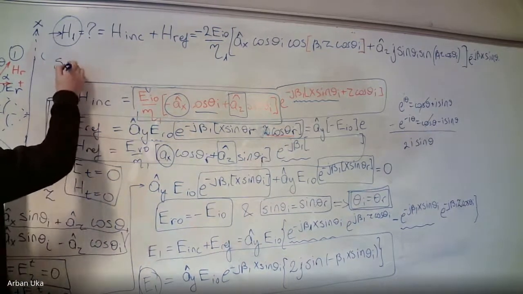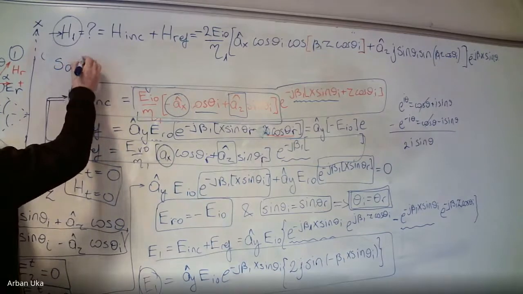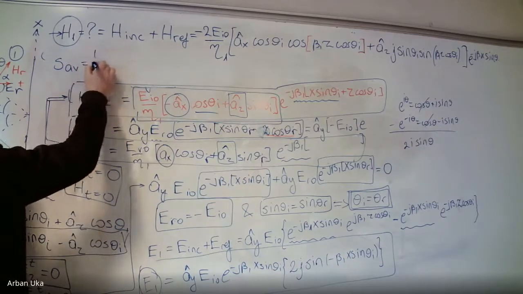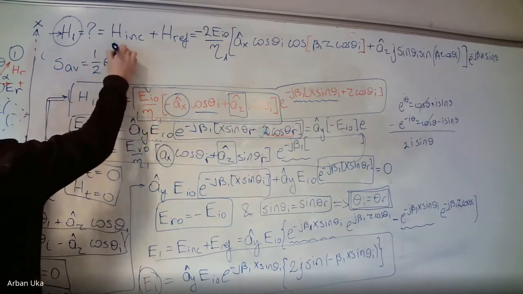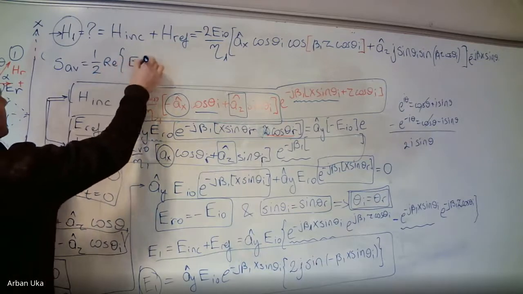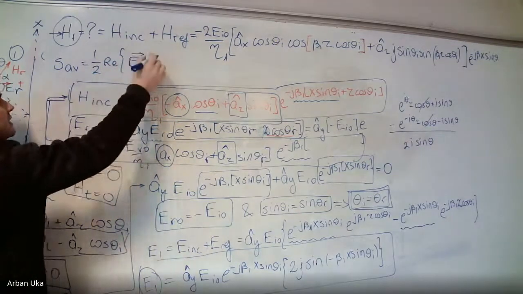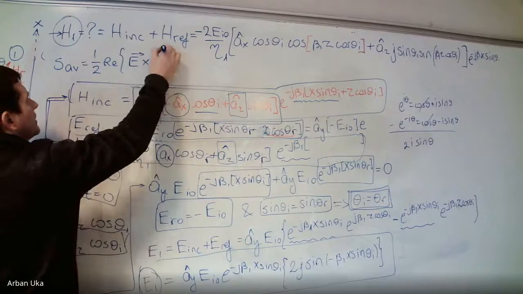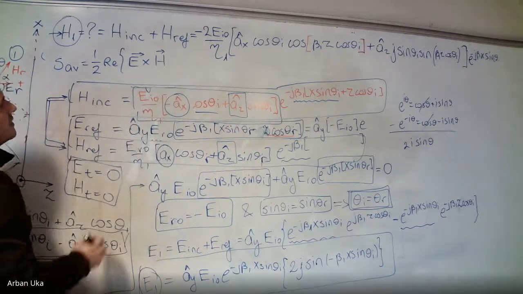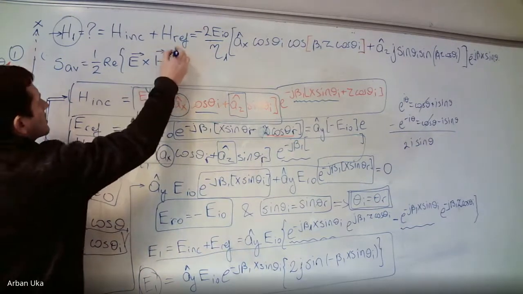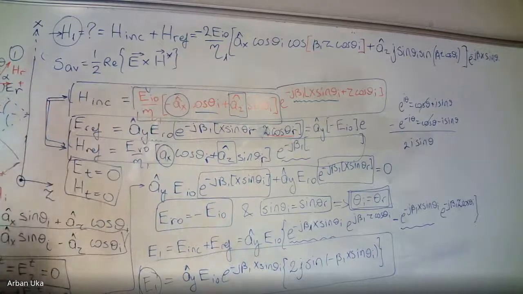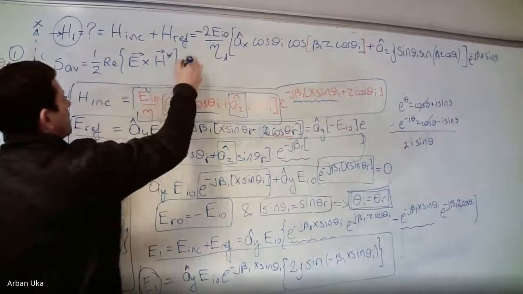This will always be equal to 1/2 times the real part of E cross product, this is a vector, with the H, but we should not forget that this H will be the complex conjugate term.